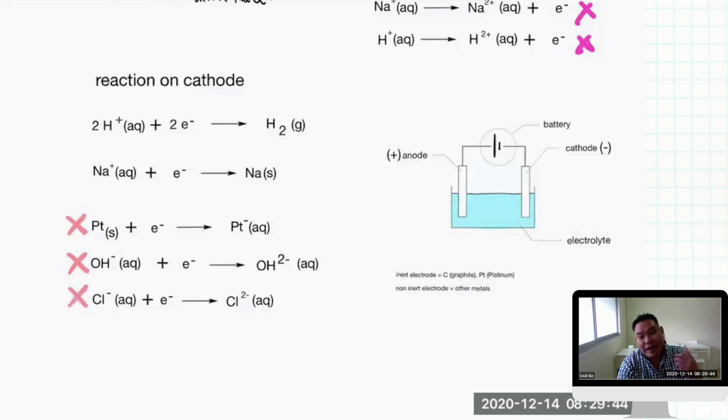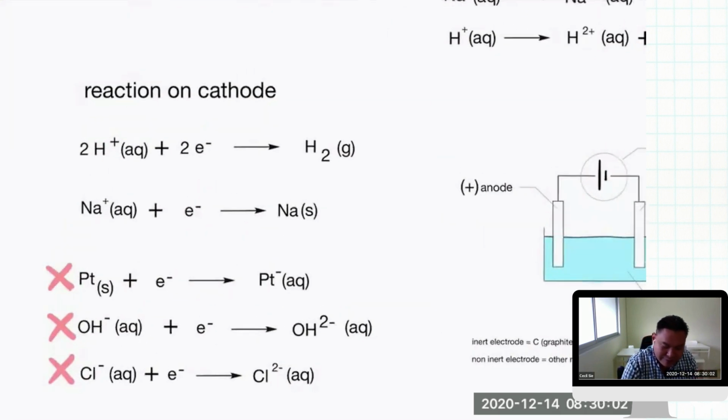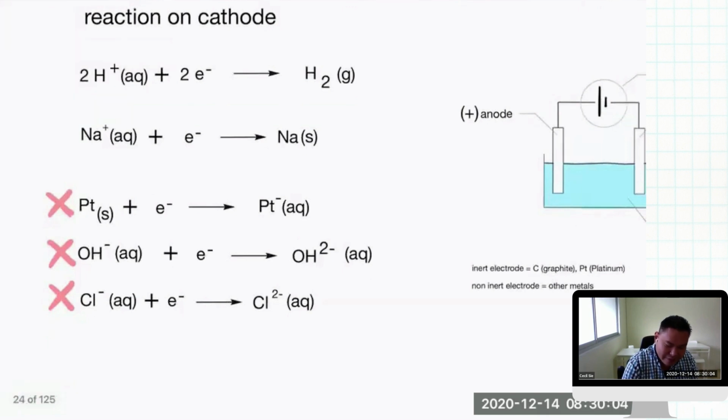They are negative ions and they are non-metals. Non-metal negative ions are difficult to accept electrons. So these three are out because one is a metal, and these are the 2 negative ions. For the next examples, example 2, 3, and 4 that we are going to learn in this video, we will cross them out, right?